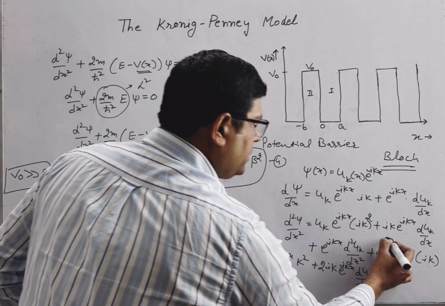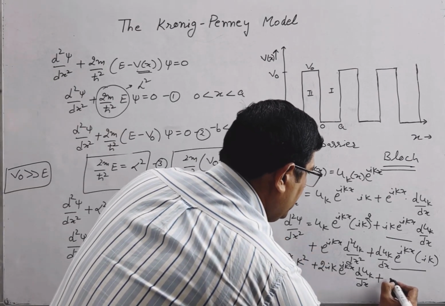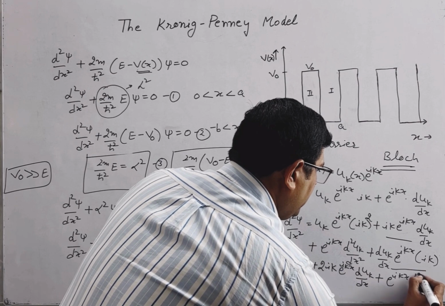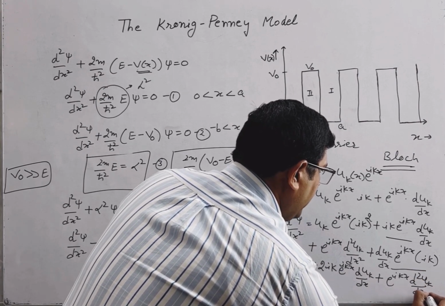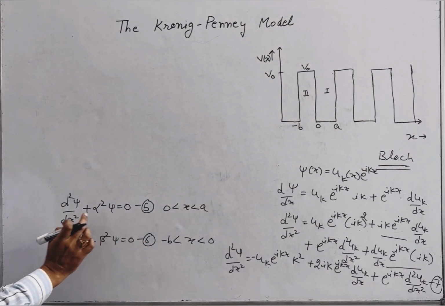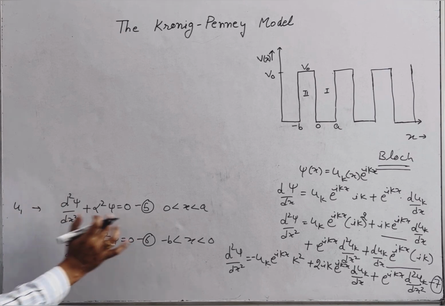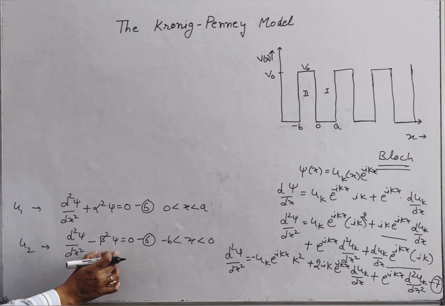Okay, these two terms are added, and the last term is e raised to power iota kx into d2 uk upon dx square. Now we will assume here that u1 is the solution of equation number 5 and u2 is the solution of equation number 6.